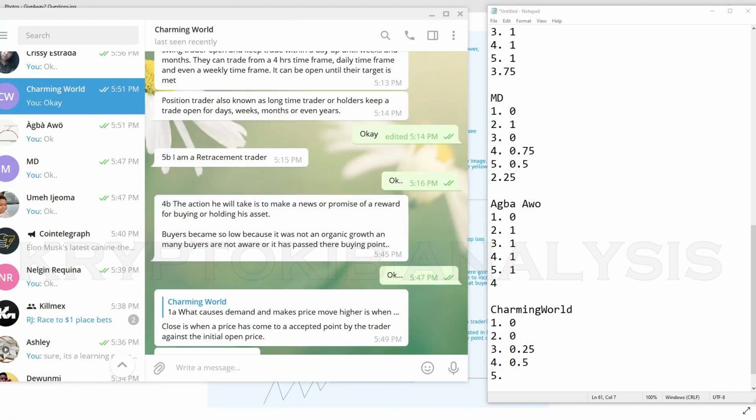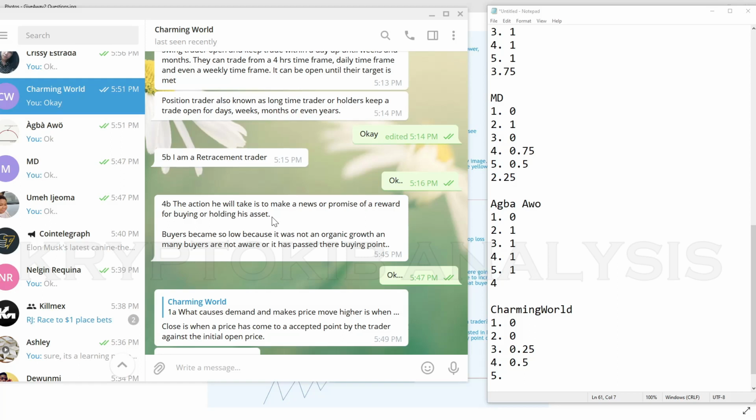The action it will take is to make a news or promise of a reward for buying or holding his assets. How do you see this? A promise like buy one get one free, something like that. You understand? I think that will also work because, let me explain a bit.